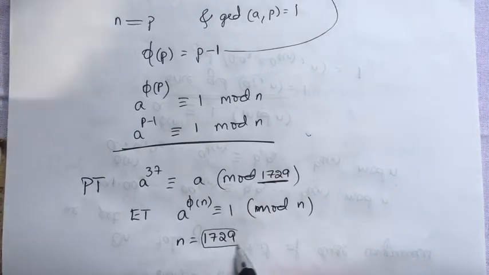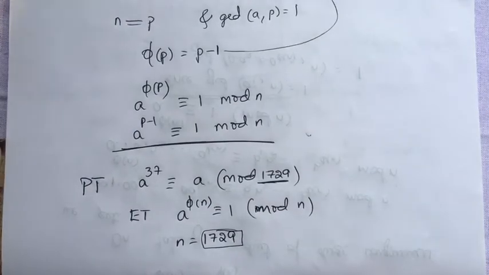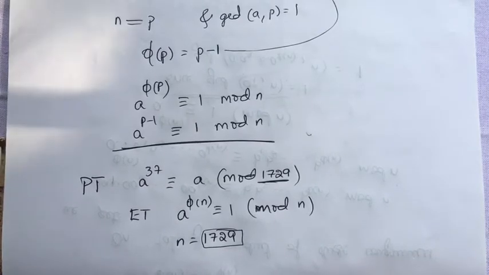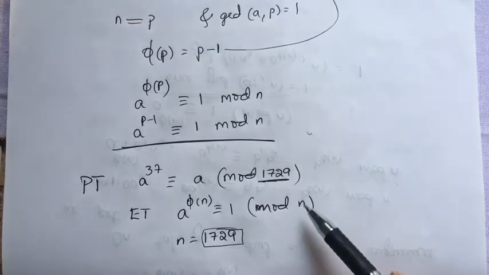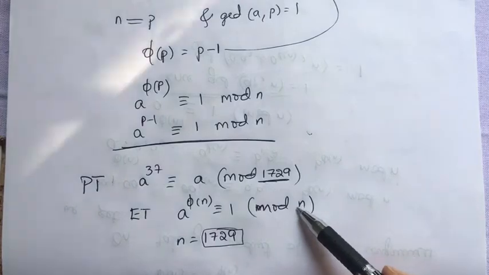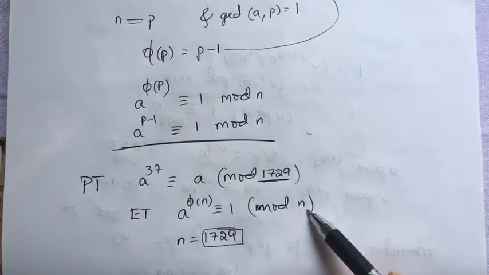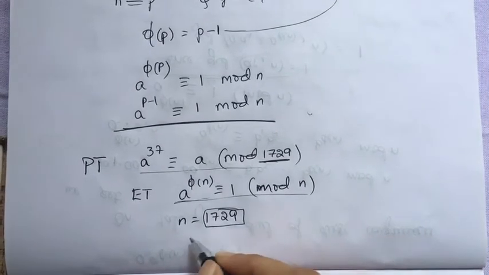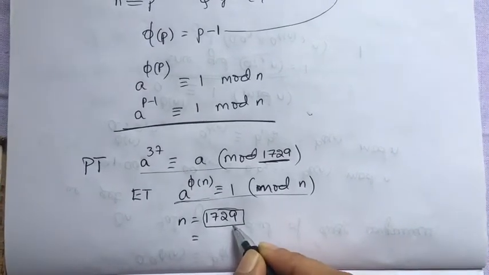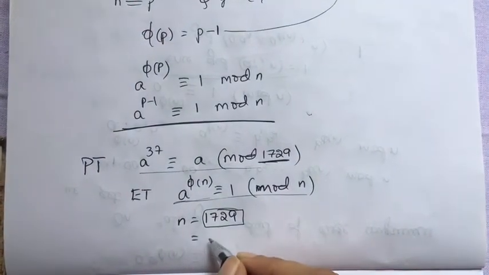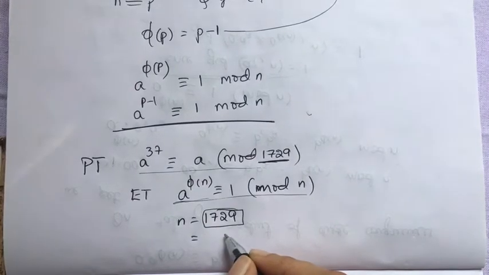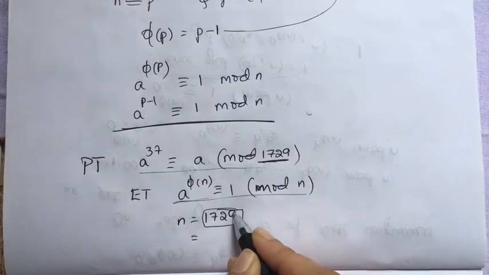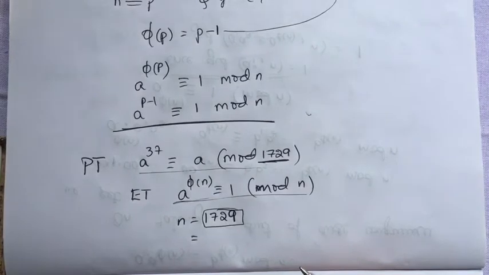can I write this in terms of products of primes? That I have to check first, so that I can rewrite this. If I write 5 into 7, no, it won't be because it is ending with 9.